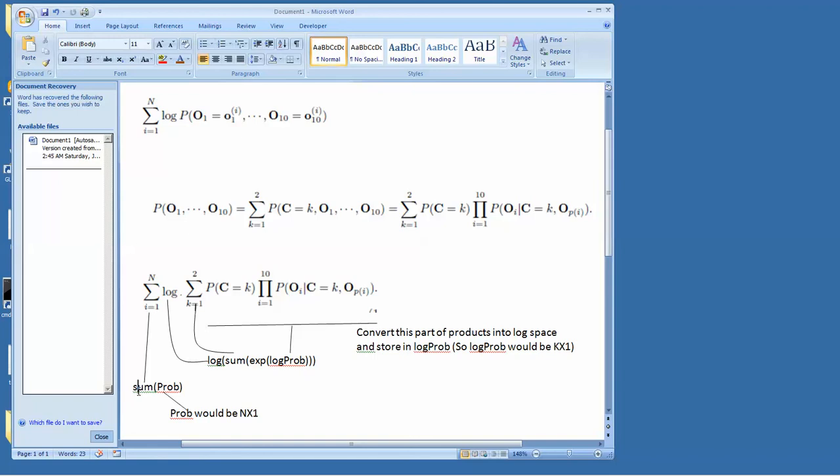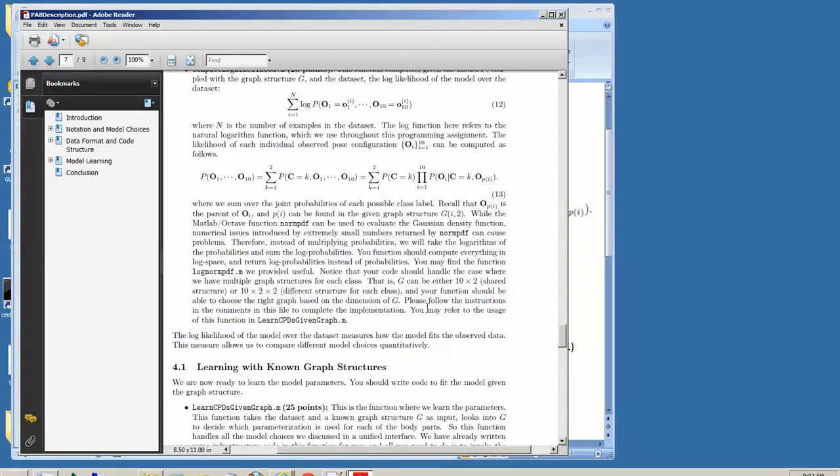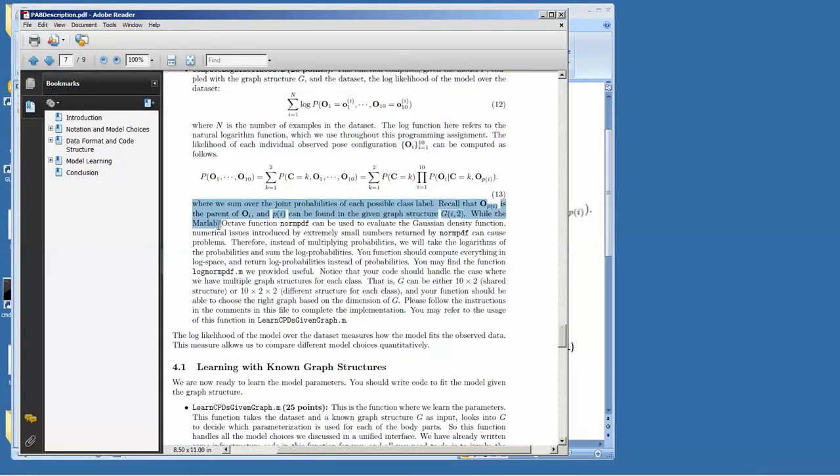Obviously you have to take care of things like when you're looping through: if it is a parent, and if it is not a parent, what you have to do. And there are a few other things that are very important, because they say it has to work with both: G can be either 10 by 2 or 10 by 2 by 2, a different structure for each class, and so on. So make sure you read this and implement the code.